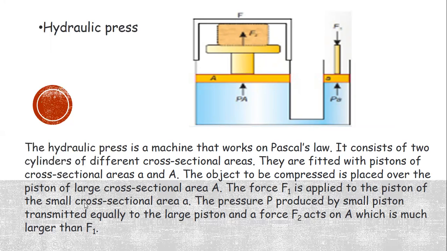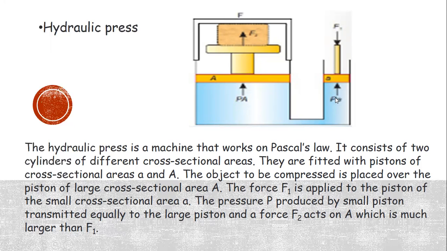Now these two cylinders are fitted with pistons that should be airtight. Capital A is the cross-sectional area of the bigger piston, and small a is the cross-sectional area of the smaller piston. Whenever a force is applied on this piston, it applies a pressure in this direction, and this pressure is equally distributed throughout the liquid.